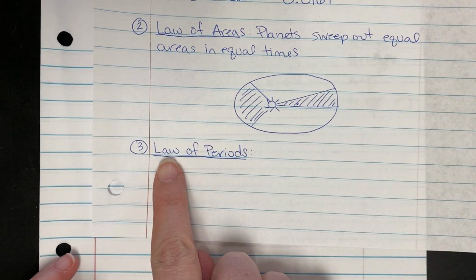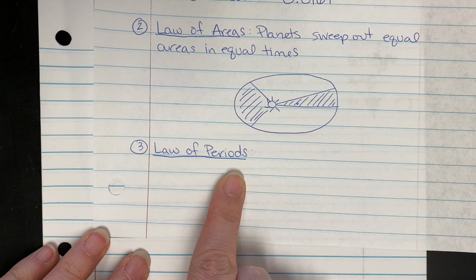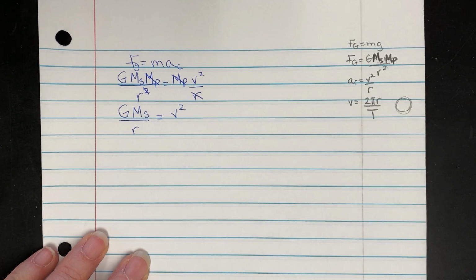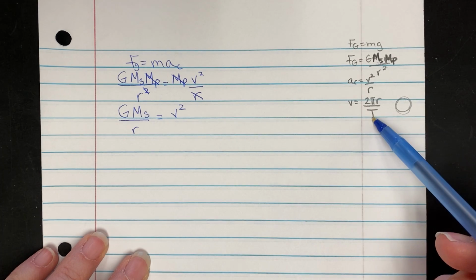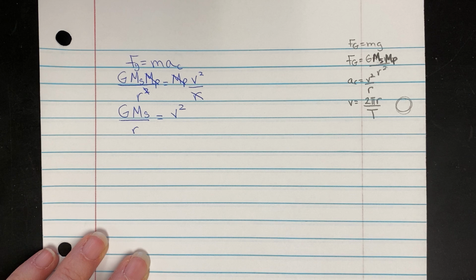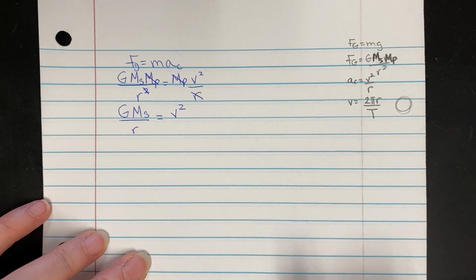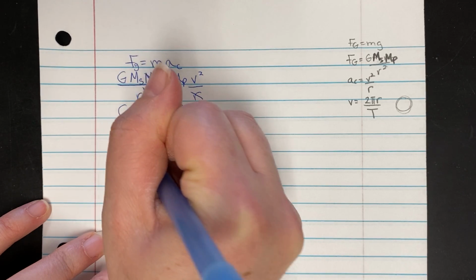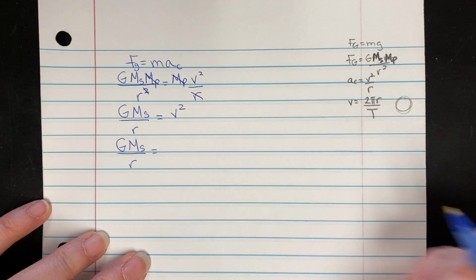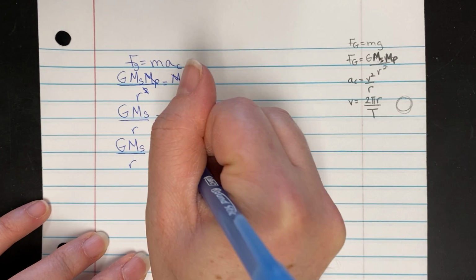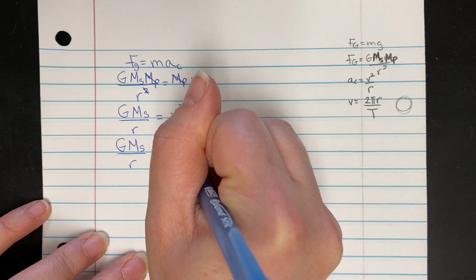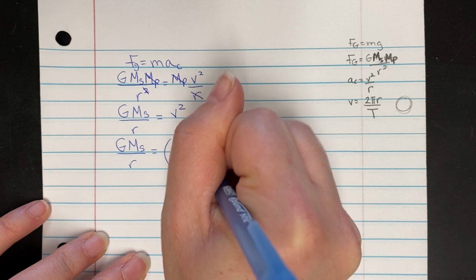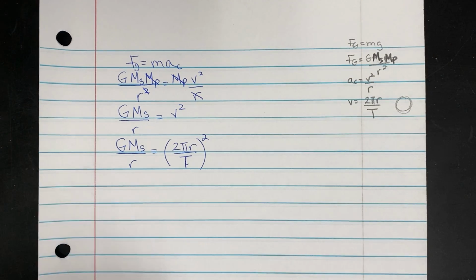Hopefully you were saying to yourself, McBride, if this is called the law of periods, somehow or another, we better get the symbol for period in here. Remember, period is the time it takes something to make a full revolution. So if we plug this in here, we get big G times the mass of the sun divided by the radius, and then on this side, we get 2 pi r over T, squared.